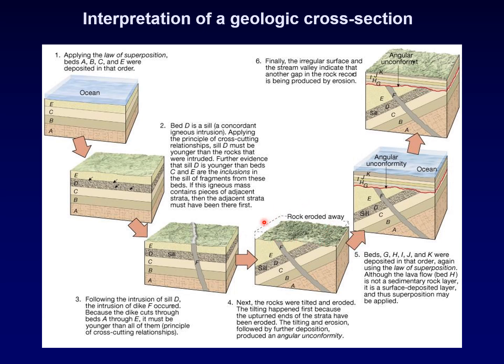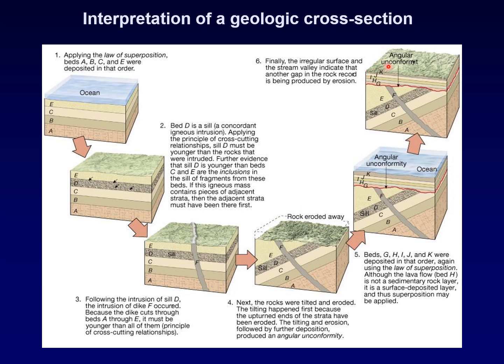So we know that some of this upper layer of rock eroded away after there was deformation. And then once sea level rose and deposition resumed, now we've got G through K depositing over top. And that space between where there was erosion, we would call that an angular unconformity.